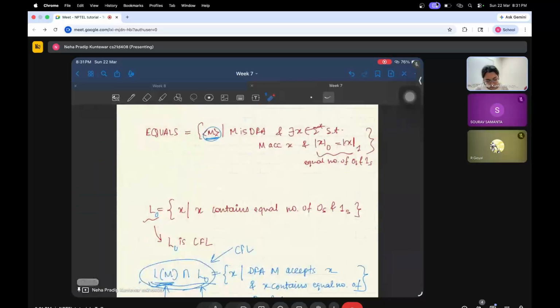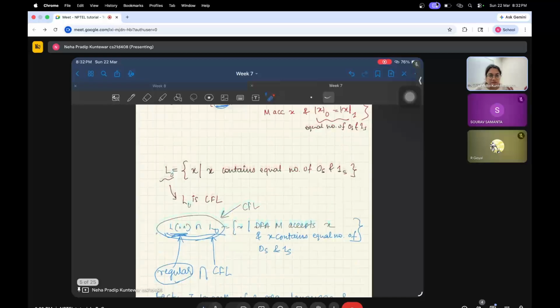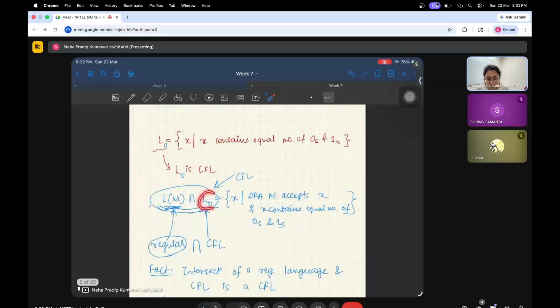We observe that, given a machine M, which is a DFA, if you take its intersection with the language which consists of all inputs with an equal number of zeros and ones, then that is the same as checking whether there is a string with these properties that we wanted.